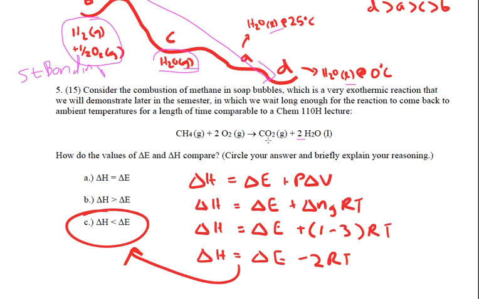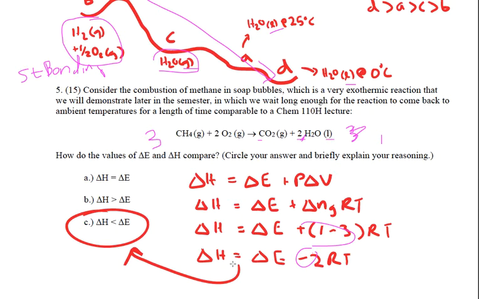There's 2 plus 1, so that's 3 on this side, and there is 1 on this side. This is a liquid, and there's 3 on the other side, so 1 minus 3 gives us minus 2.